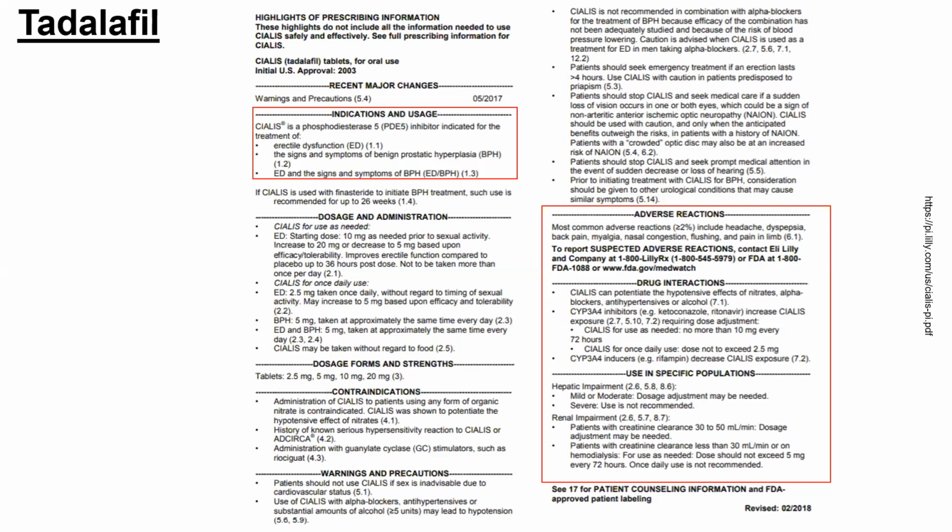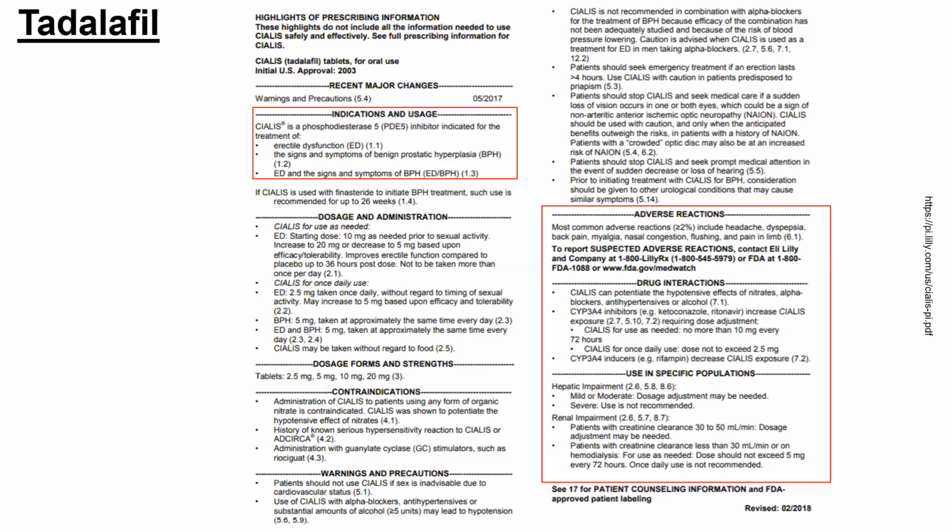If you look at the last section, use in specific populations, what it says is that in mild to moderate hepatic impairment, you can adjust the dose and can still prescribe it. But when it comes to severe hepatic impairment, this drug is not recommended. Similarly, for renal impairment, anyone with a creatinine clearance of 30 to 50 ml per minute, dose adjustment may be required.